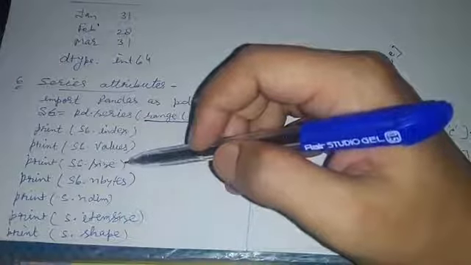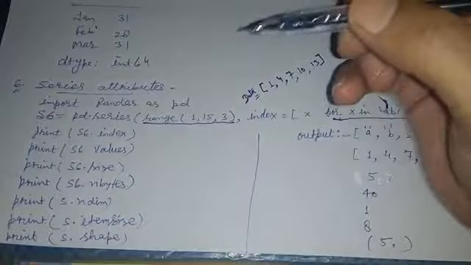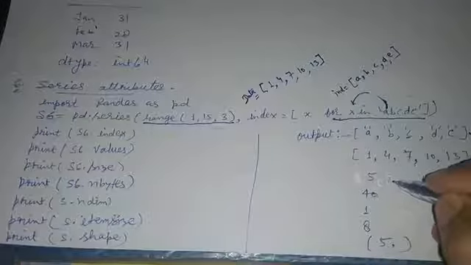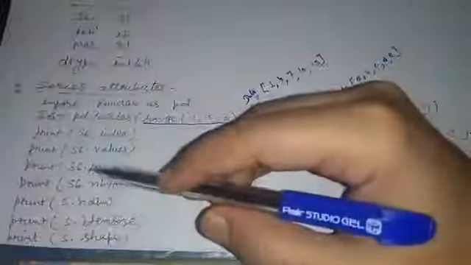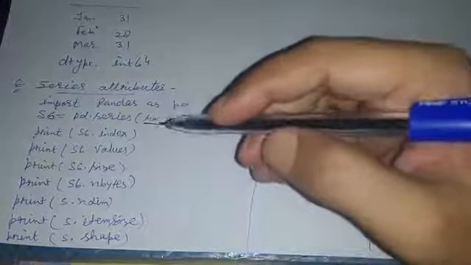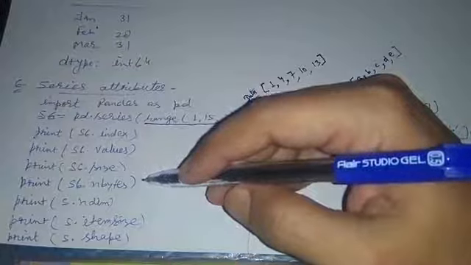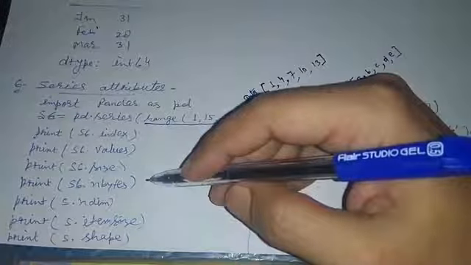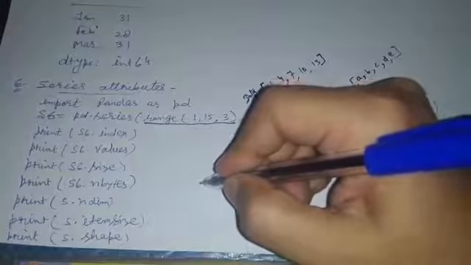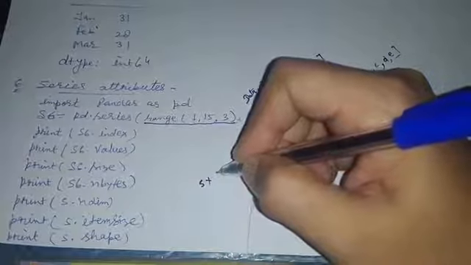Series.size. Size means total elements in the list. So this is 5. S6.nbytes means total number of bytes consumed by the series. You can find the total number of bytes consumed by the series by multiplying the number of elements in the series by the size of one element.